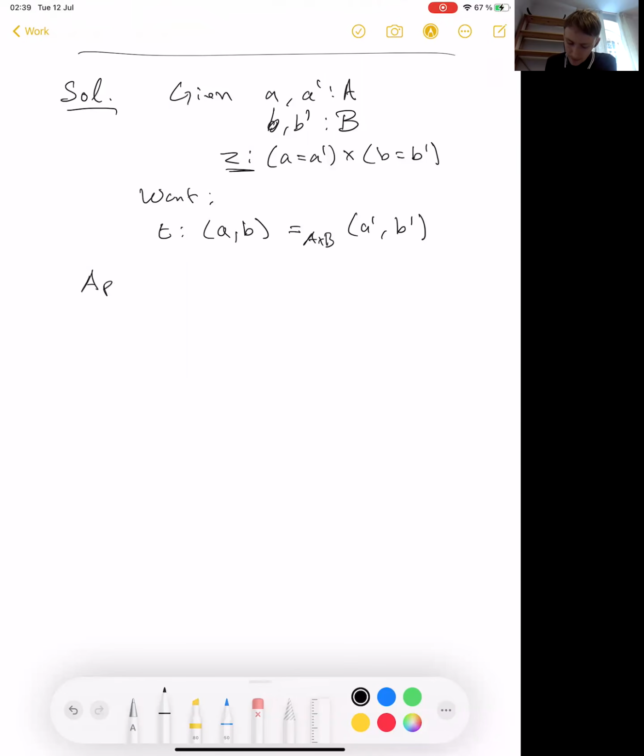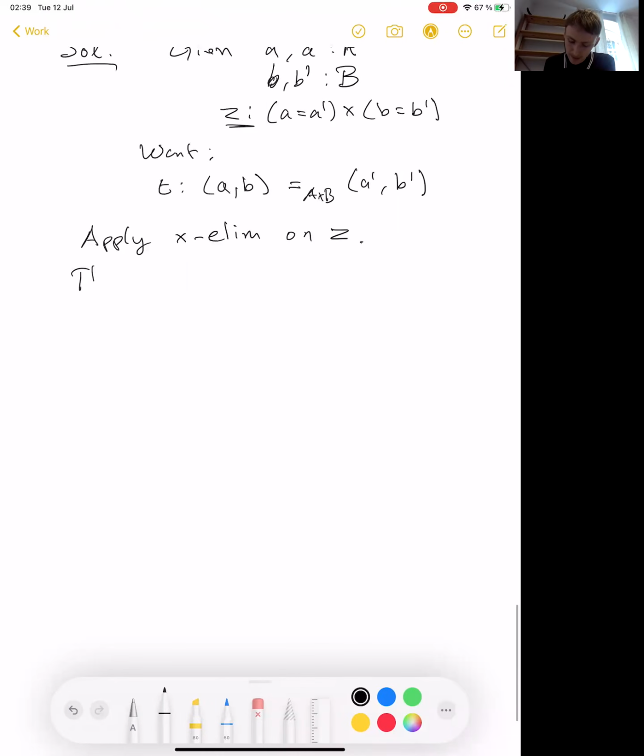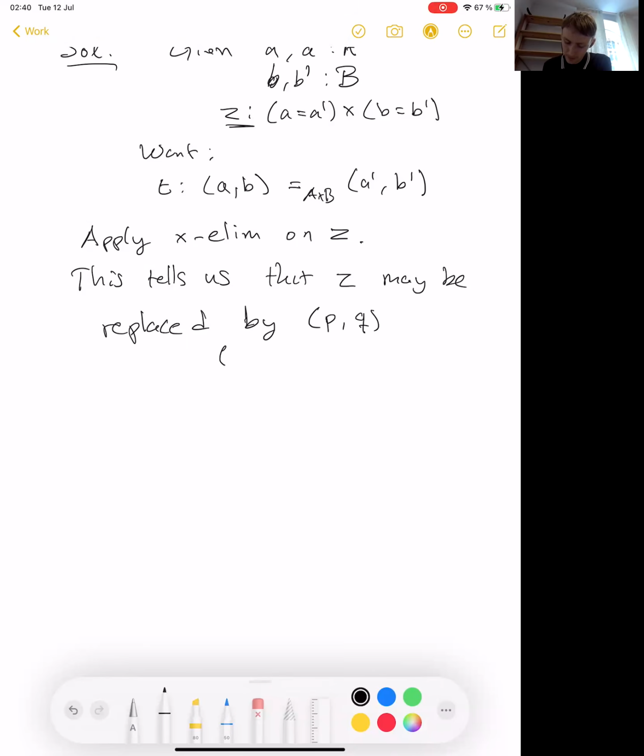So let's apply the elimination rule for products on Z. This tells us that Z may be replaced by P comma Q for some arbitrary P of type A equals A prime and Q of type B equals B prime.